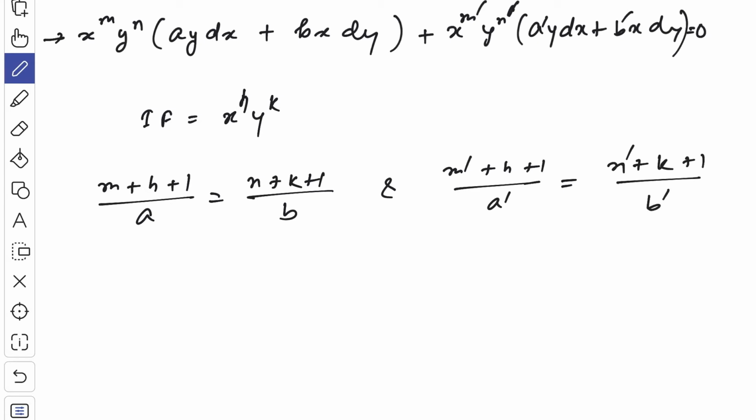So these two conditions must be satisfied. So we have to choose such values of h and k.